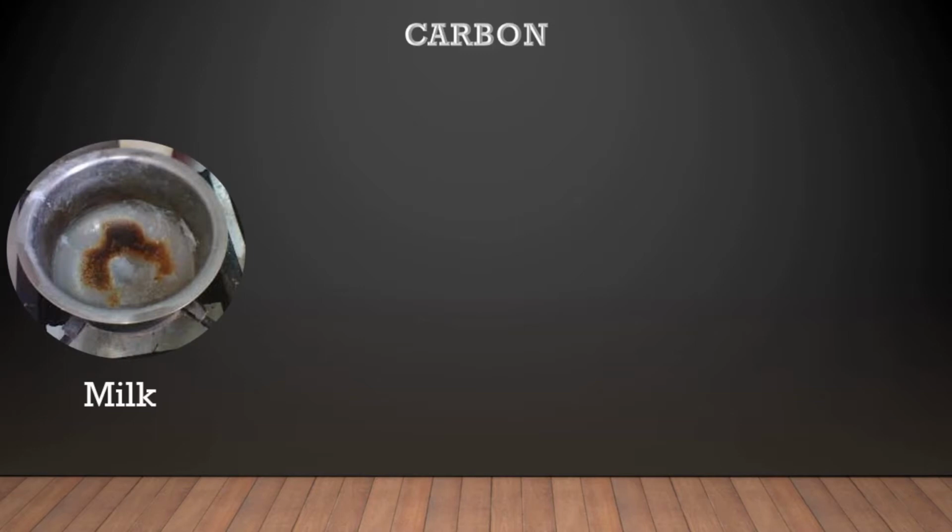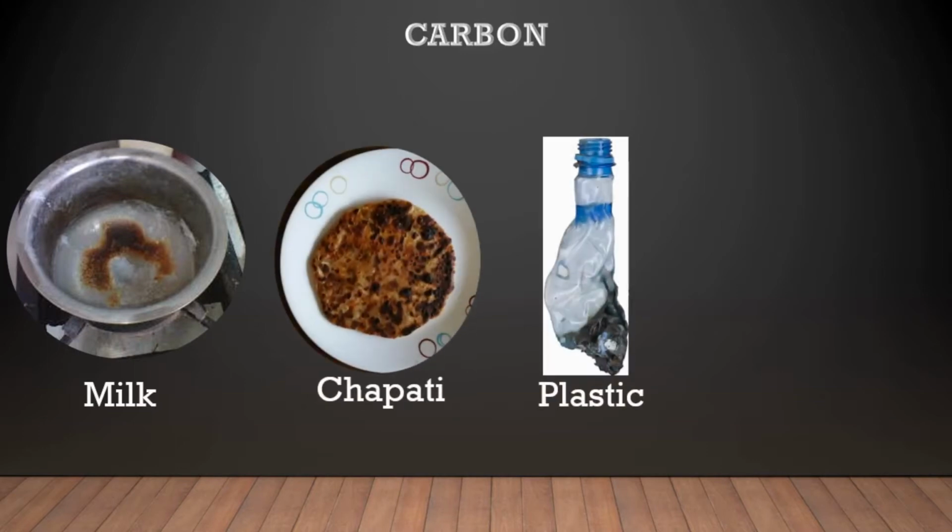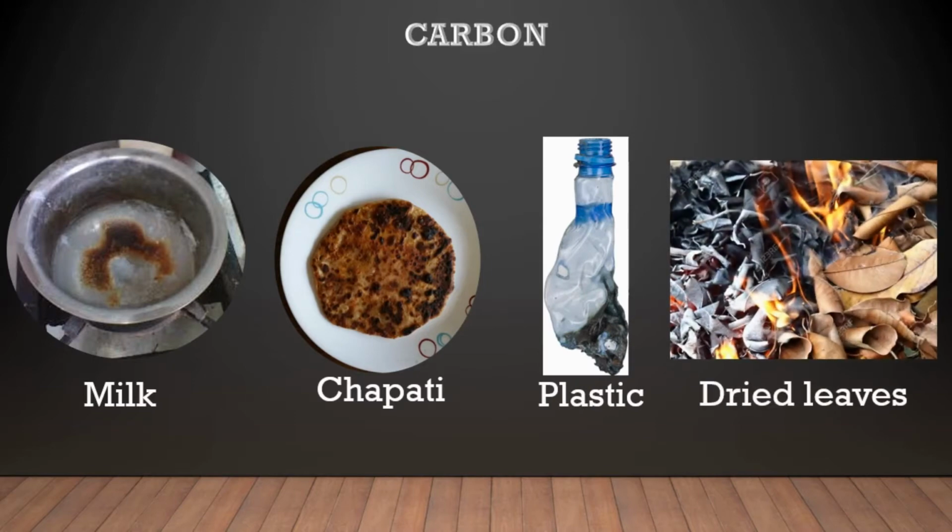Now take a piece of chapati or any food, plastic and dried leaves, and also heat each of these substances and observe the changes taking place in the substances. What does the black substance remaining after burning each of these substances indicate?